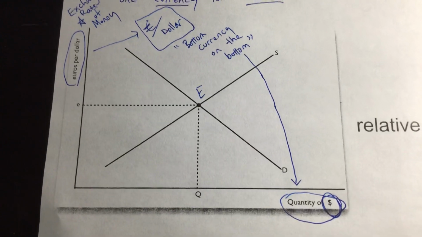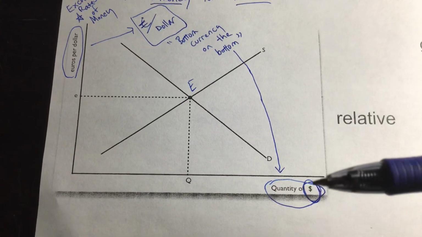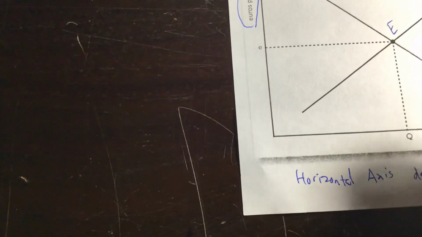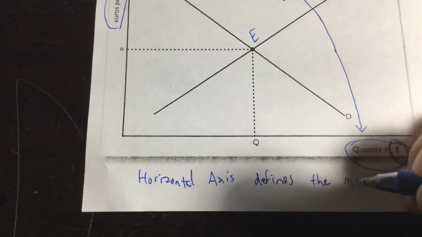And the horizontal axis defines the market. That's what it means. It's defined in terms of dollars. So I'm going to write at the bottom, horizontal axis defines the market.